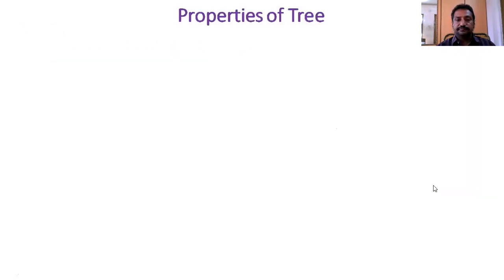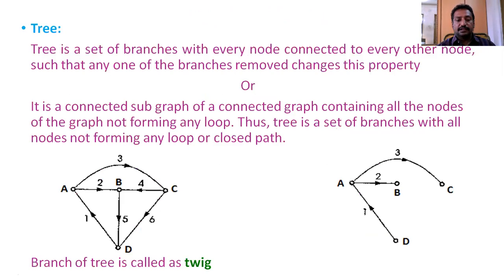Second, fourth branch, 2 is not available, then it is a tree. So like this we will go. For example, 3, 4.